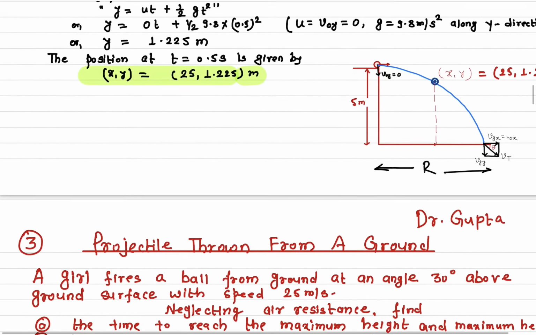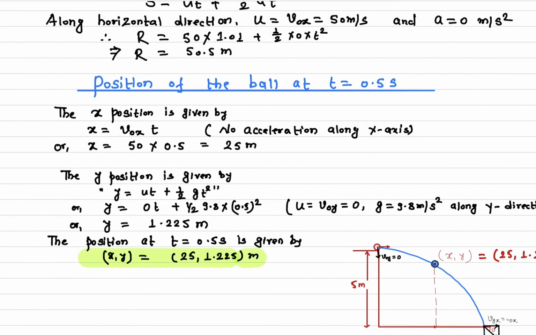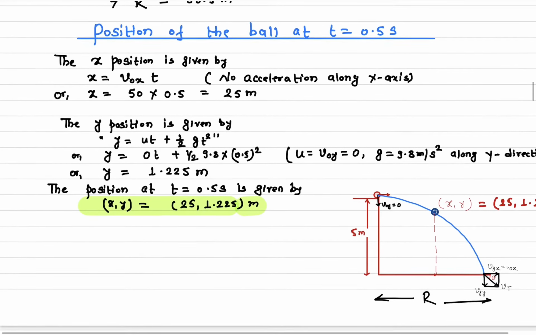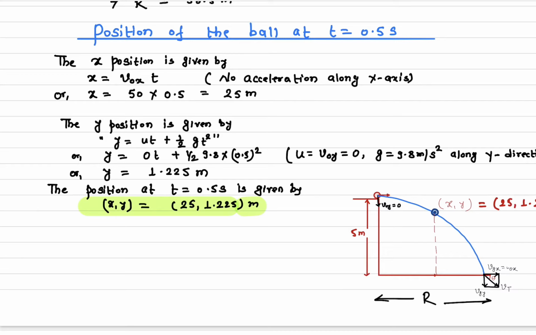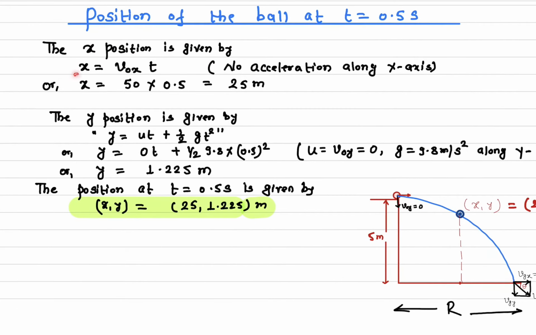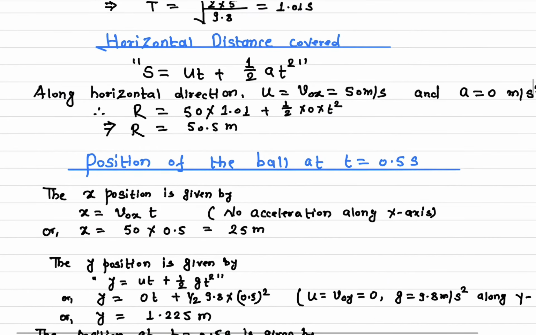Now, what are we going to calculate? The position of the ball at time equals 0.5 seconds. So we know the time now. How are we going to calculate the position? The x position is given by this equation. It's the same equation as this one because there is no acceleration. So simply it would be velocity times time.